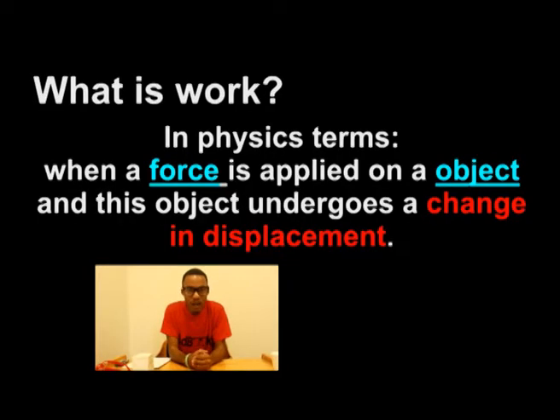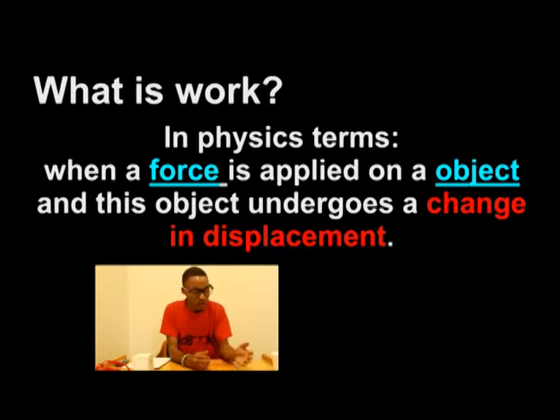If we take a look into mechanics and you start to consider, what is work? Well, work is defined as follows. If you have a certain force being exerted on an object, and this object undergoes displacement, then we say that work has been done.